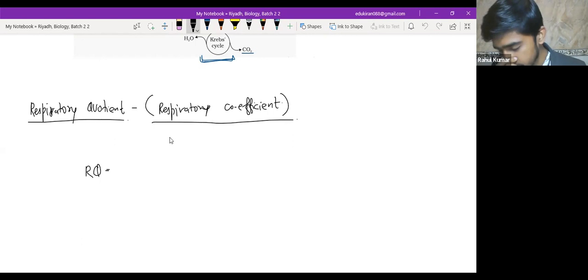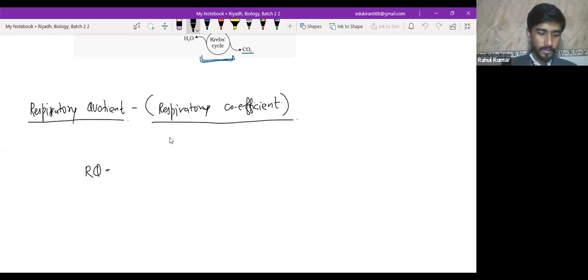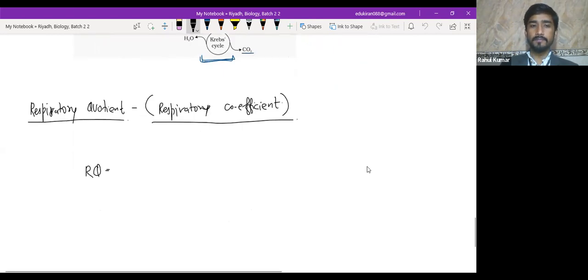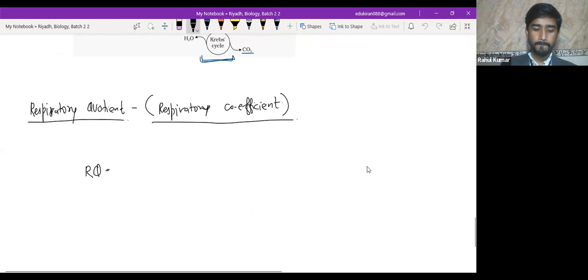Sorry, what did I say, Mariam? Can you just repeat? It is the ratio of moles or volumes of CO2 produced to the moles or volumes of oxygen consumed during complete oxidation of a metabolic fuel into CO2 and H2O. Is it clear?